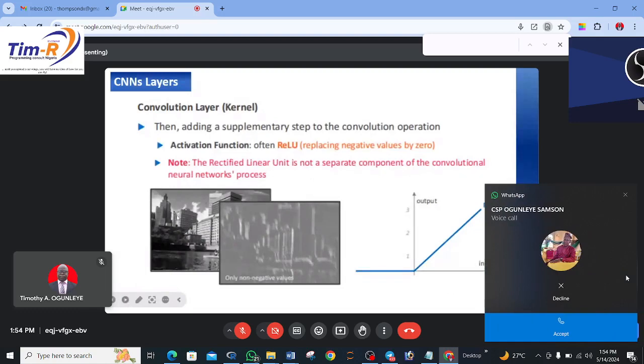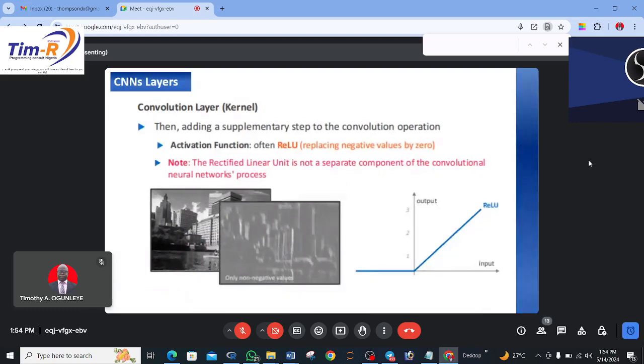Now, we try to add a supplementary step to the convolution operation, which is the activation function, often ReLU, which has to do with replacing negative values by zero. That's what ReLU does.